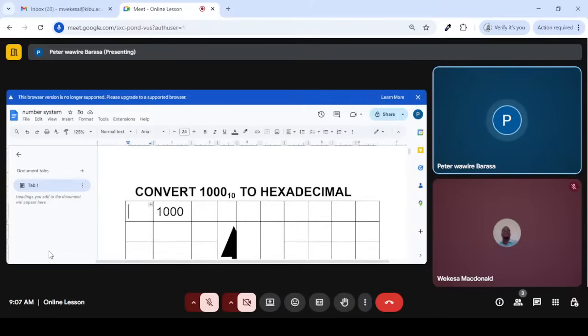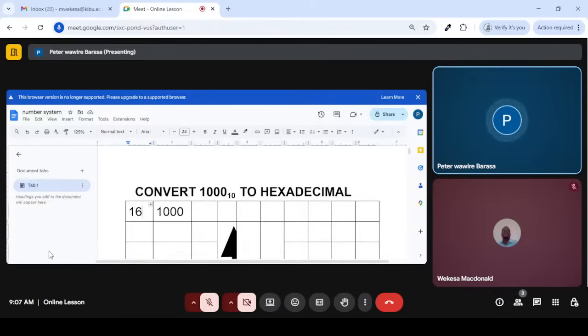This is base 16. So hexadecimal we divide by 16. So we say 16 goes into 1,000 how many times? So you take 1,000, you divide by 16.